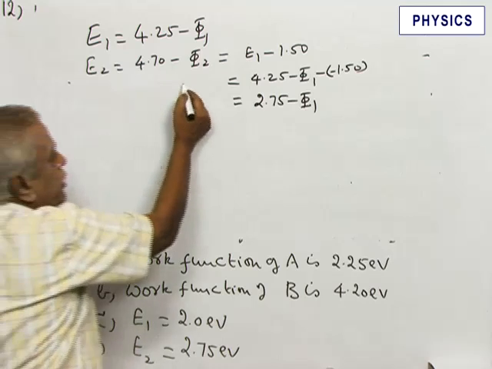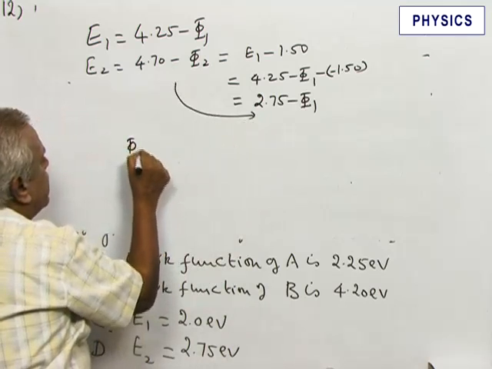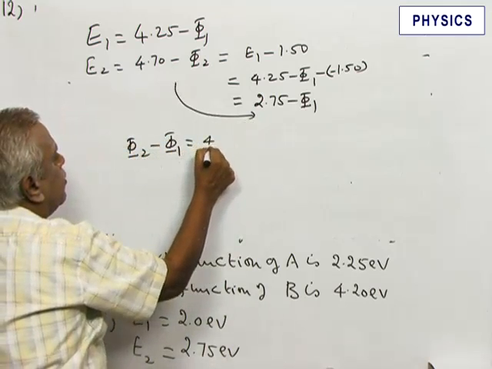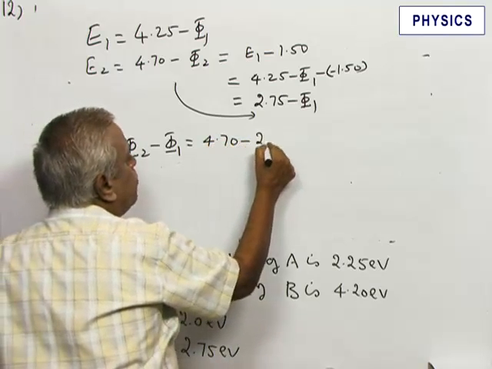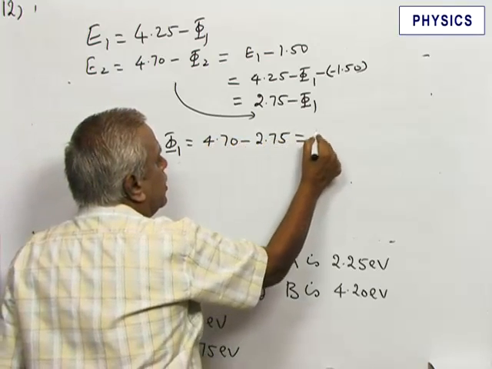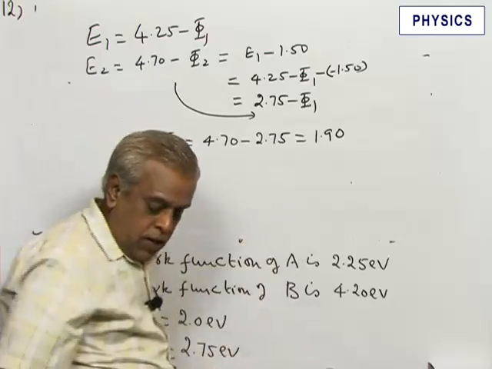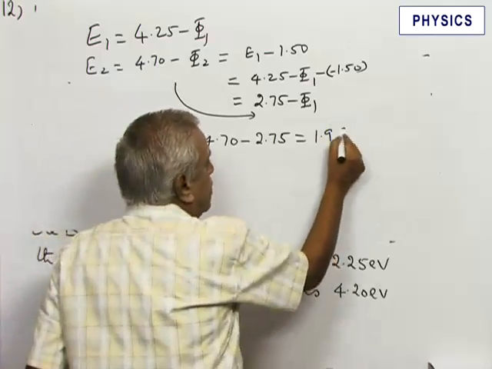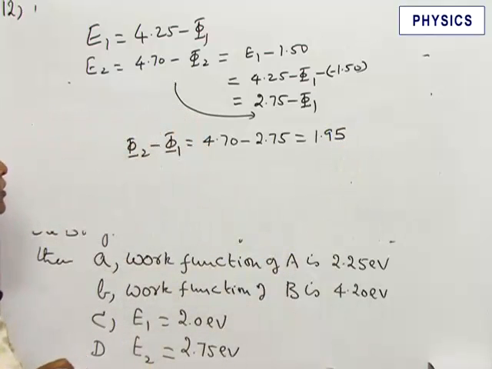Therefore, if you combine these two, you will get phi 2 minus phi 1 is equal to 4.7 minus 2.75, which is 1.95 electron volt. So that we get one relation.